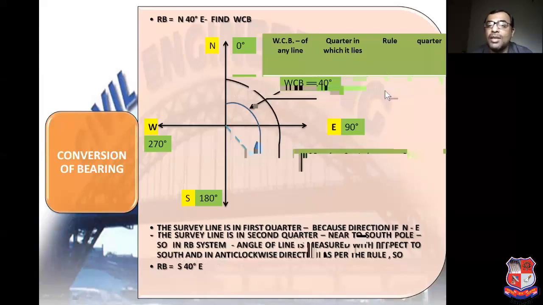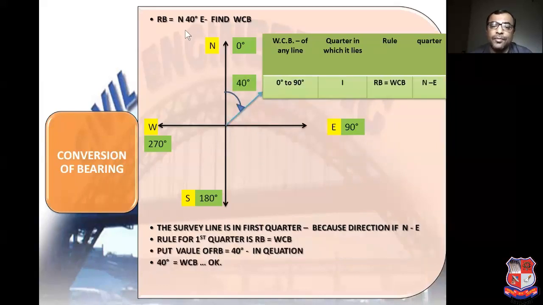So the rule is RB is equal to WCB. Apply the same rule. The value of RB is given as 40 degrees here. Northeast is the quarter, the direction of the survey line. We have to use only the value, that is 40 degrees. So 40 degrees is equal to WCB, which is the final answer.